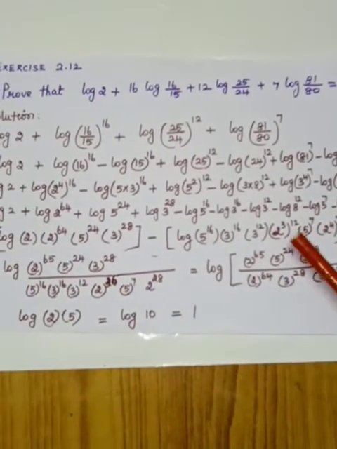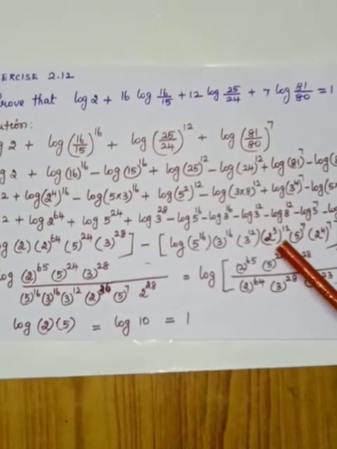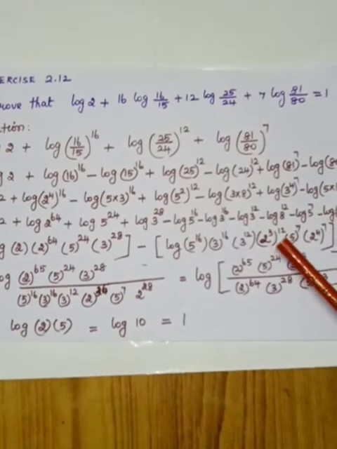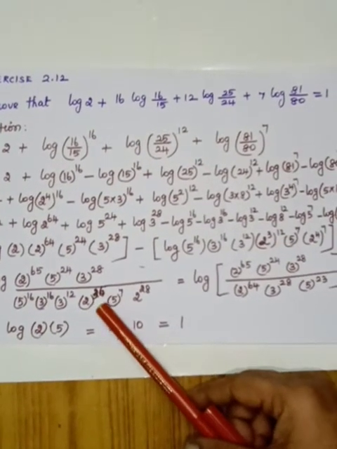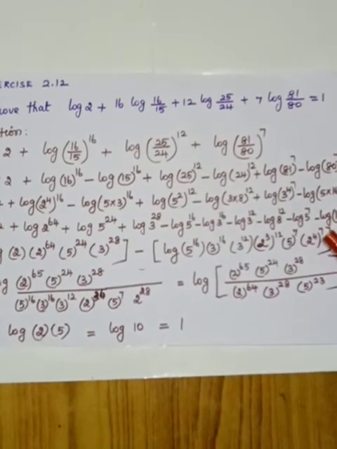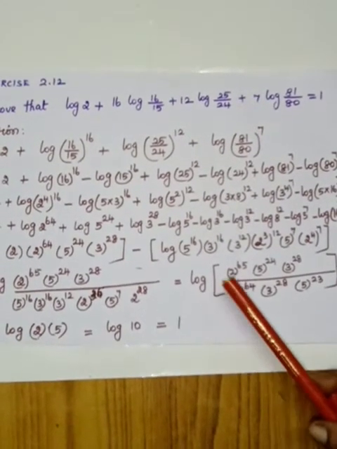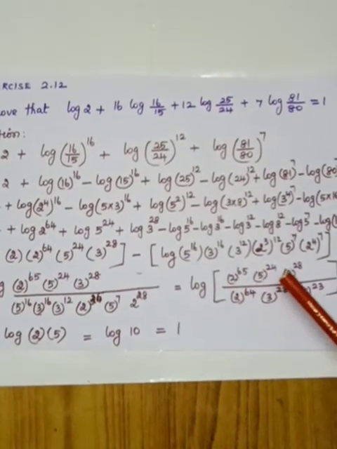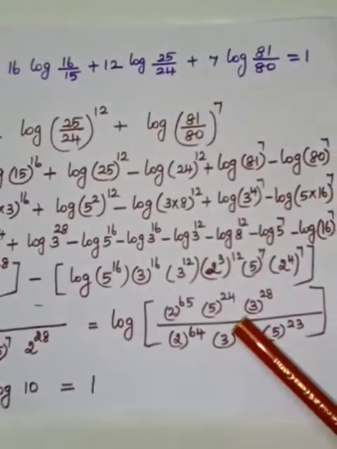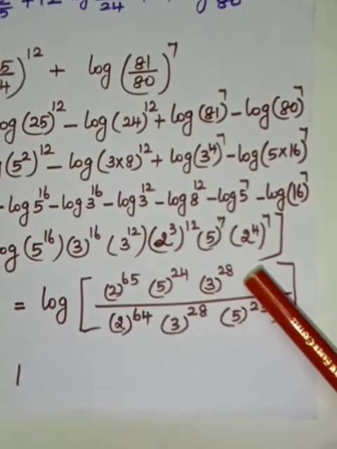Okay, so what is 2 cube to the power 12? So it is 2 power, what is it? It is 36. So here I have written 2 power 36. 2 power 4 the whole power 7, what is it? 2 power 28. So log of, see the numerator, 2 power 65, 5 to the power 24 and 3 power 28.